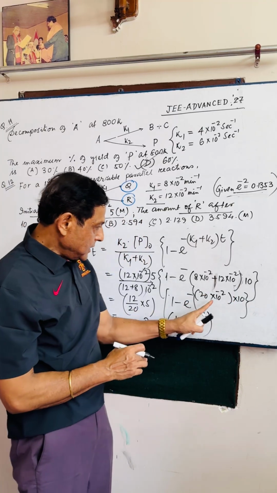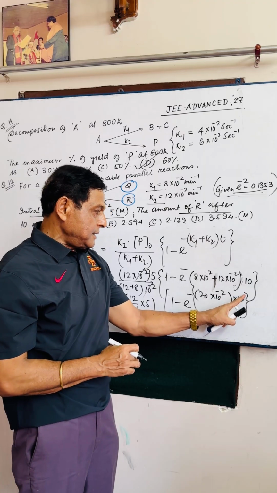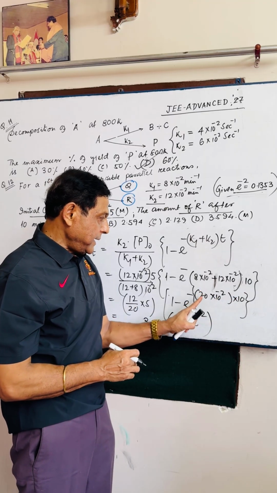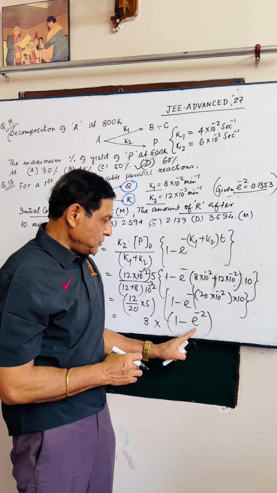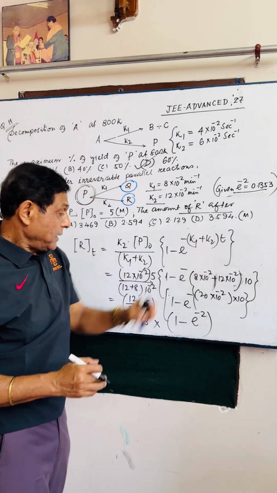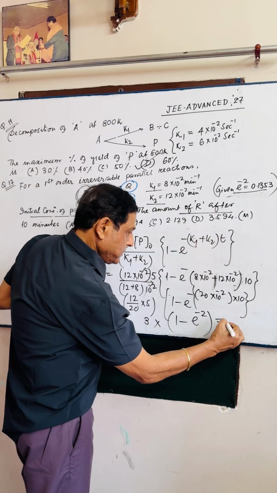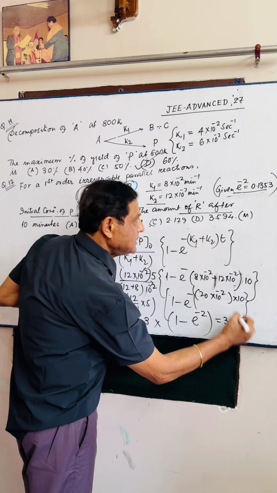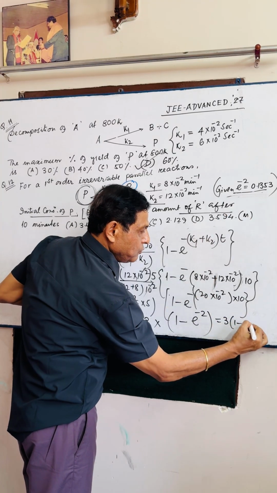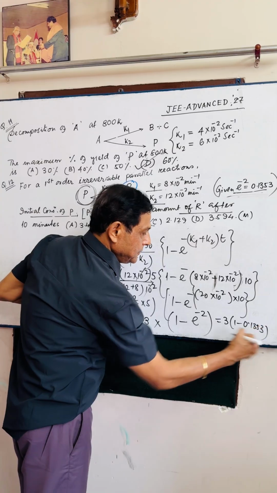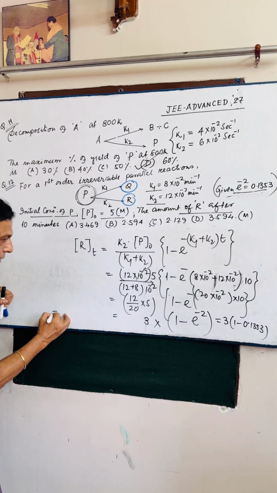Once again, 10 to the minus 2 and 10 to the 1 give 10 to the minus 1. 20 by 10 is 2, so e to the power minus 2. e to the power minus 2 is given, so you just put the value, 0.1353.